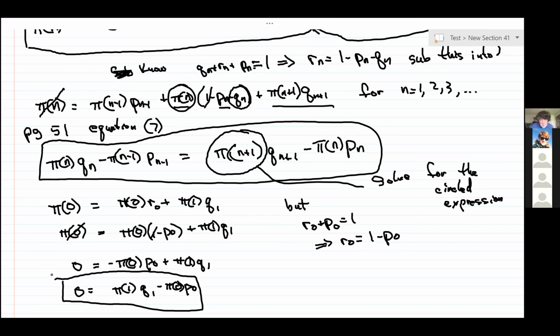And now notice what's going on here. If we start with this expression here, that is the same as what's on the left over here. And I already commented that the expression on the right is the same as the expression on the left, except you're replacing n by n minus 1. So this is what's called in the math biz a recurrence relation.